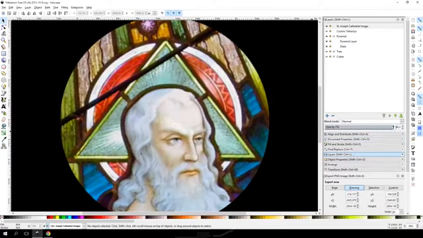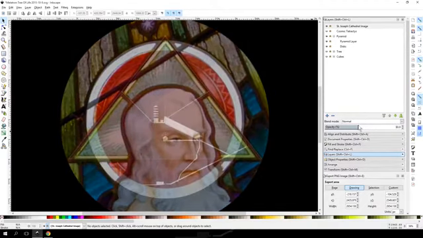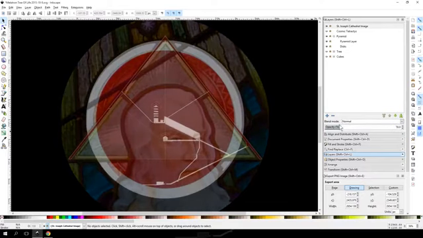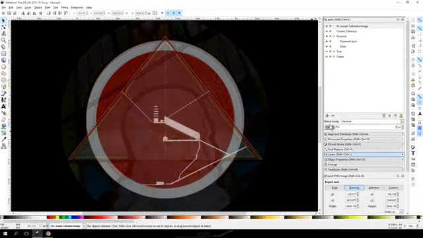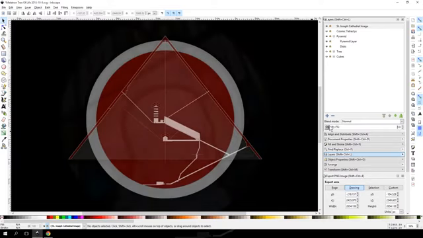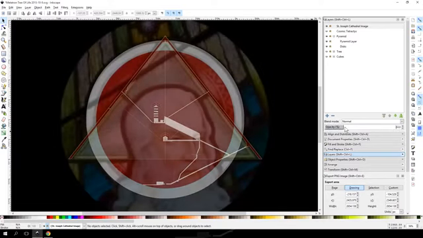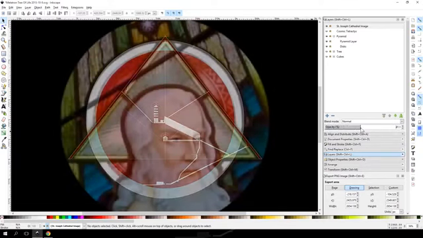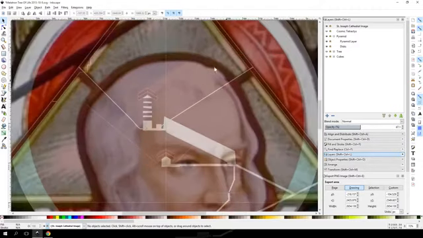So if we just take a look at this thing and we fade it out, and even if we take a look at the air shafts, you see how the angle of this air shaft right here and the angle of this one?